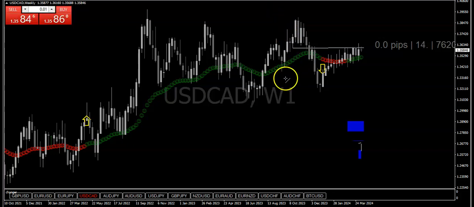So that's a range on a higher time frame, but that's what we're looking at to go back down on a weekly.